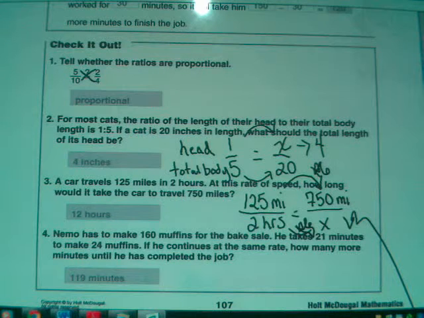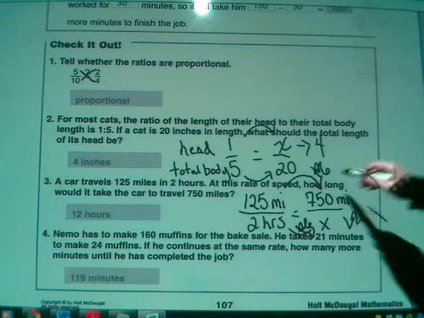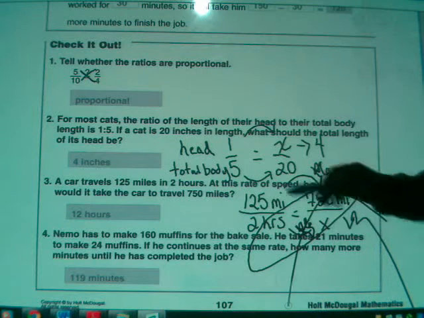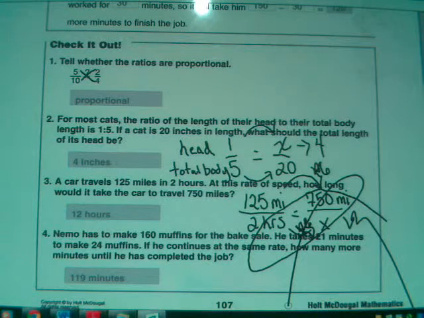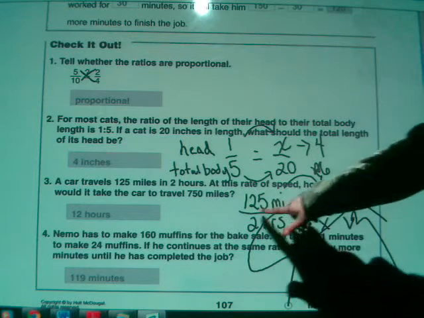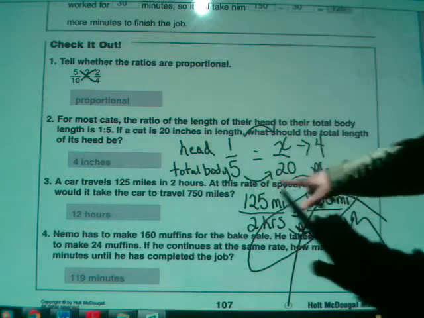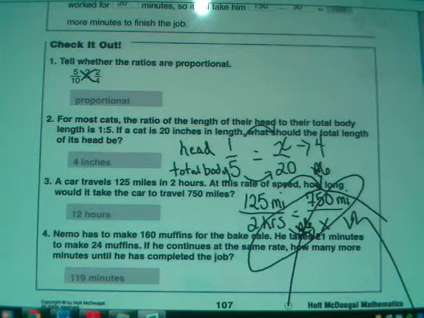But if we wanted to cross multiply, we would say, okay, 750 times 2, that's 1,500. So I need the other diagonal to make 1,500. What can I multiply by 125 to get to 1,500? Well, 125 times 12 is 1,500, so my answer is 12. It's proof of exactly what we already knew the answer would be.